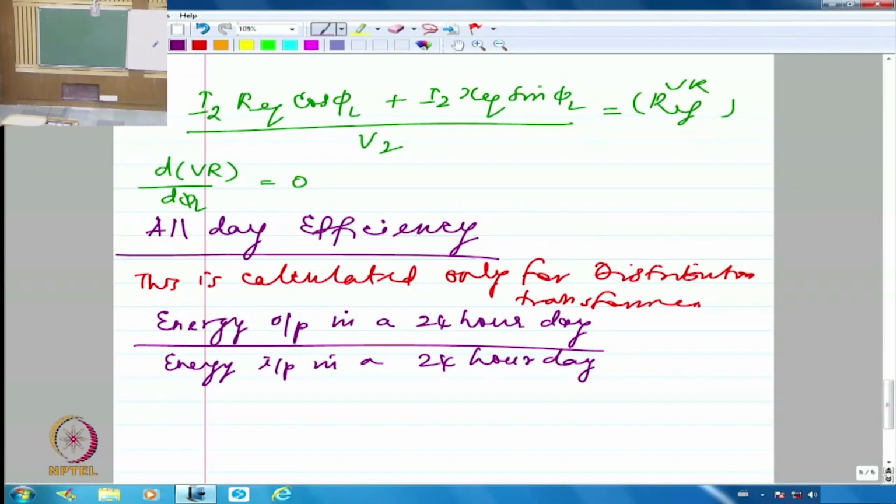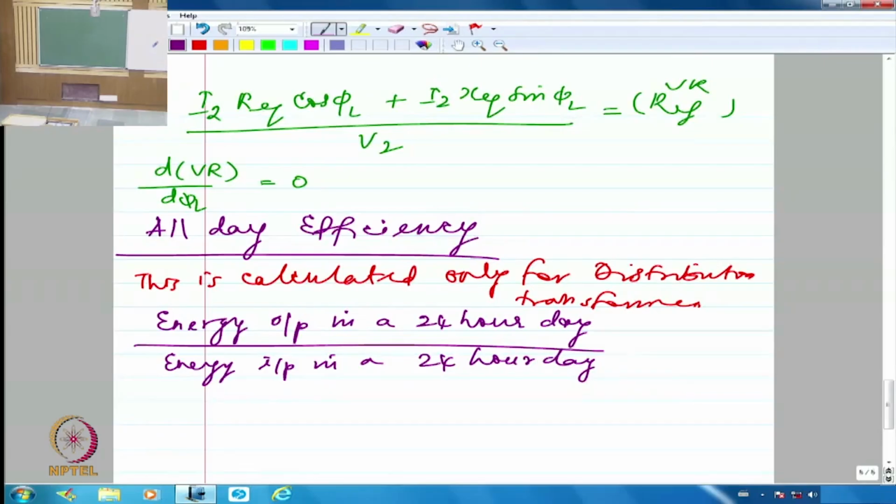So, if we say that the transformer is going to be on 100% load for 4 hours with unity power factor, maybe on 80% load for 10 hours at 0.8 power factor lag, and for the rest of the time on no load, for example, we have only 8 plus 4, 12 hours, and then another 12 hours on no load, which is actually a criminal waste.